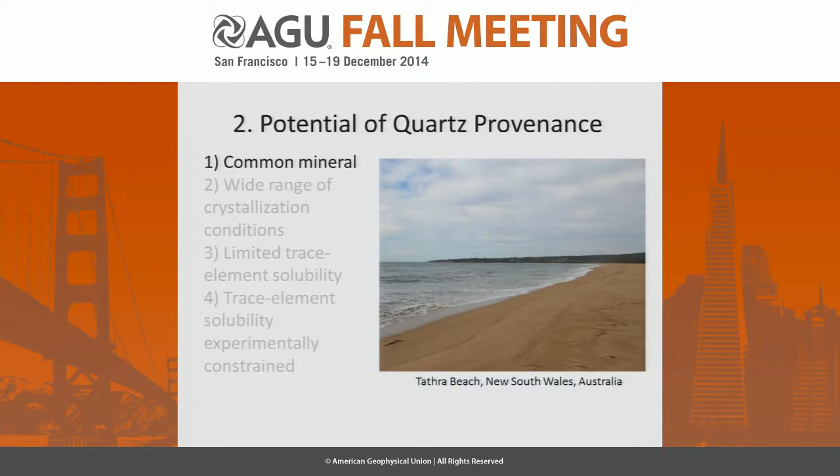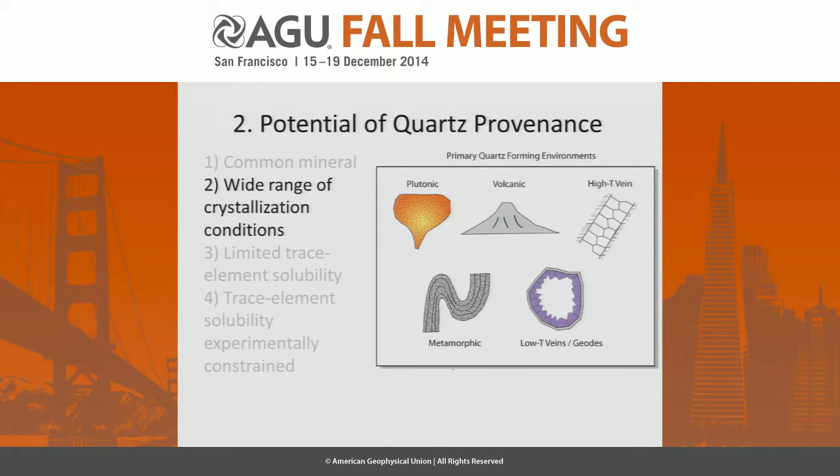So why look at quartz first? As we all know, it's a common mineral on the Earth's surface. So quartz-based provenance can be used in a wide range of geologic settings across the globe. Secondly, quartz crystallizes in a wide range of geologic conditions, so from plutonic to volcanic, in high-temperature veins and pegmatites to metamorphic systems and low-temperature geodes.